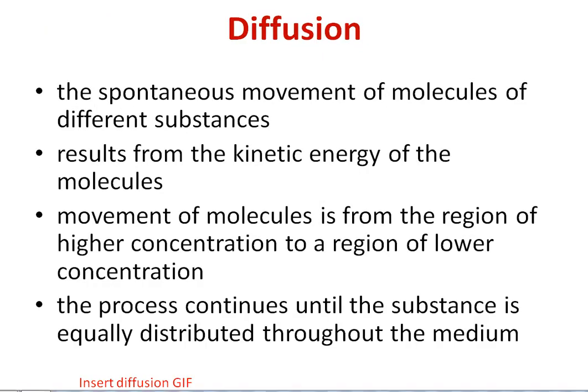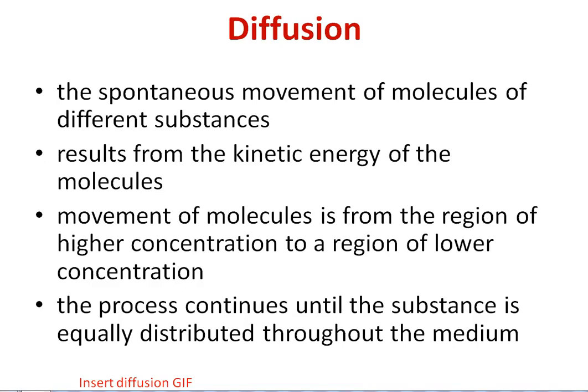Now, going back to diffusion, we want to again define it as the spontaneous movement of molecules of different substances, and this results from the kinetic energy of the molecule. This is what we call the Brownian motion, wherein one molecule will have this innate energy wherein it would vibrate so that it will bump onto the surrounding molecules.